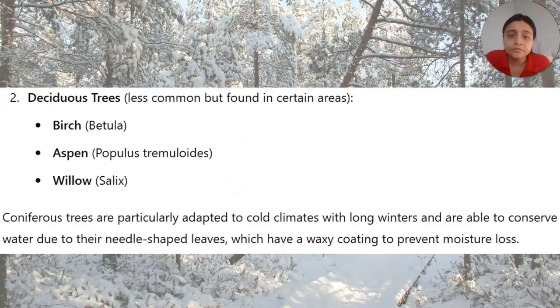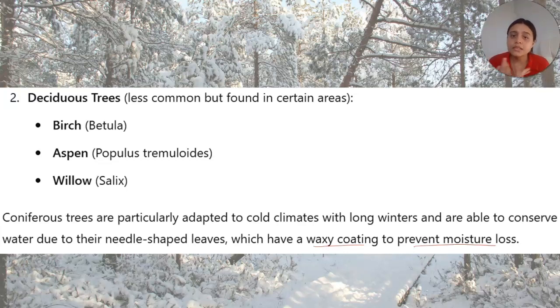Coniferous trees are particularly adapted to cold climates with long winters and are able to conserve water due to their needle-shaped leaves, which have a waxy coating to prevent moisture loss. Of course, the species residing here adapt to the environment. That is why they have needle-shaped leaves.